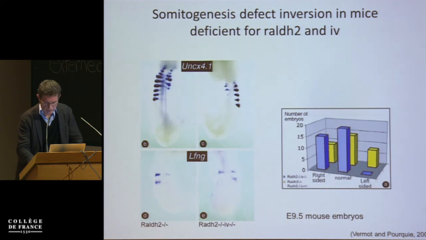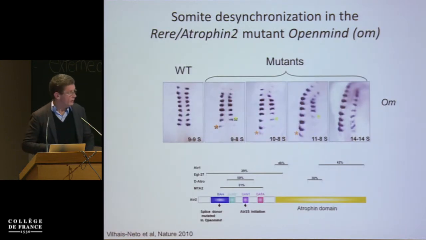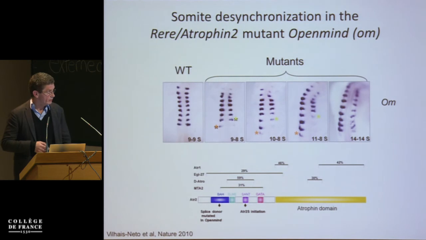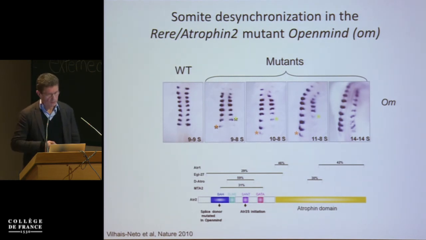And then Gonzalo Neto, who was a PhD student at the time in the lab in the US, started to study another mutant called open mind, because in these mutants, the neural tube doesn't close at the level of the brain. And the mutated gene is a protein called atrophin-2, or RERE, or grunge in the fly.